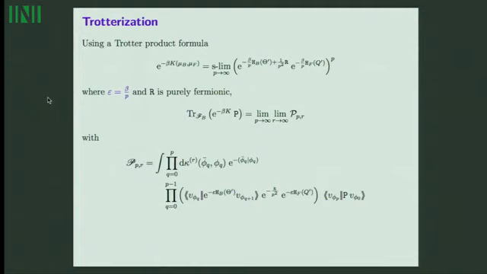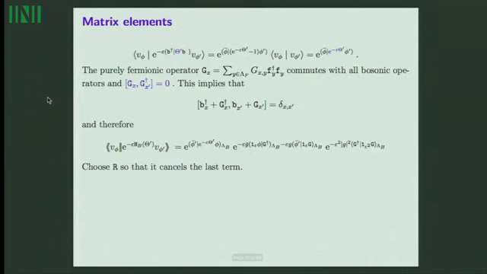It's a very simple formula. We get this matrix element, which still is a fermionic operator, and we get these two factors here. And all we have to do is calculate this. So it's very simple.